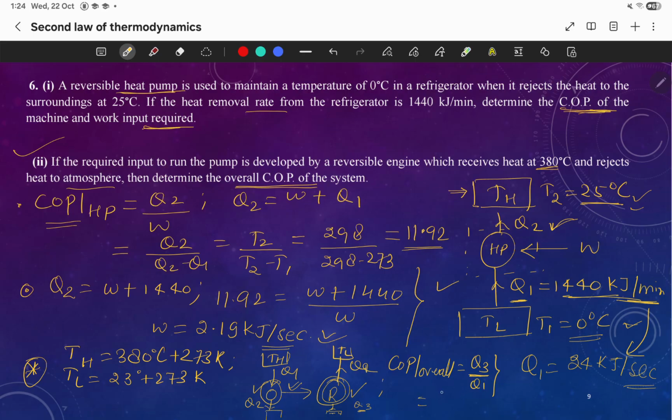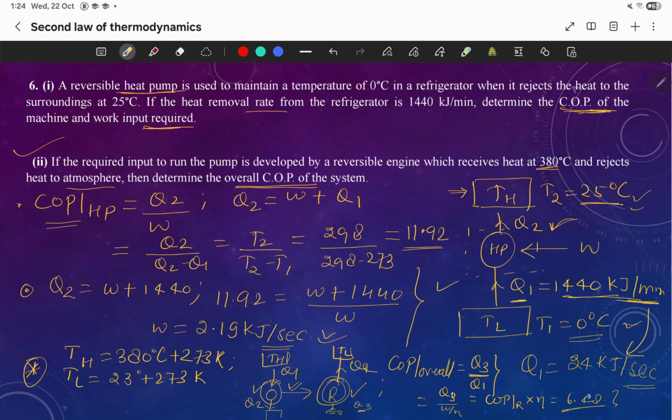We will get Q3 upon W upon eta, and Q3 upon W will be the COP of the refrigerator, into eta. So the final answer you will get is 6.48. This is the overall efficiency of the cycle.